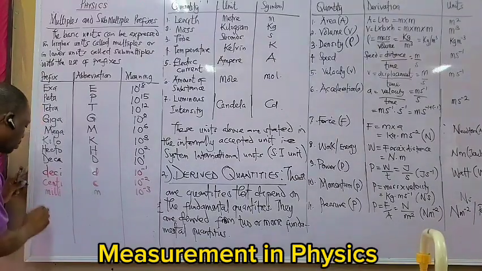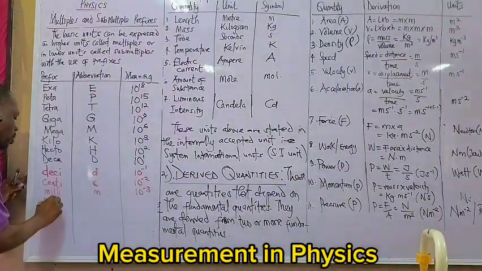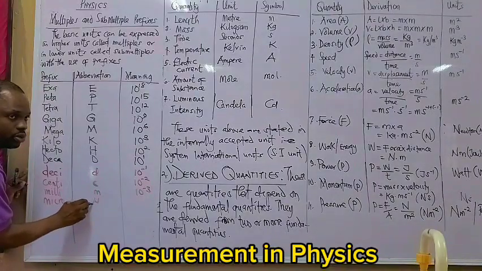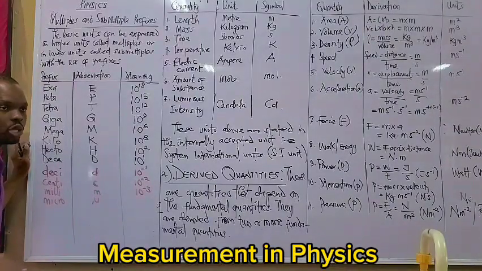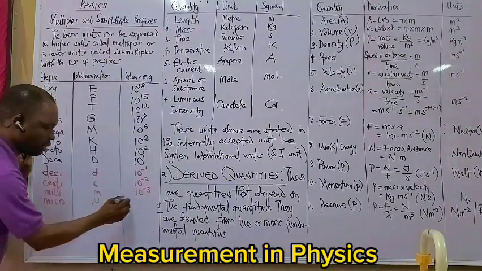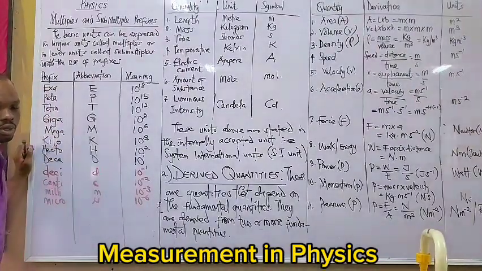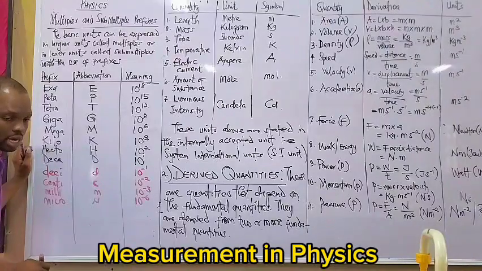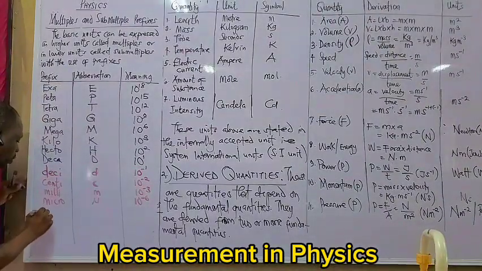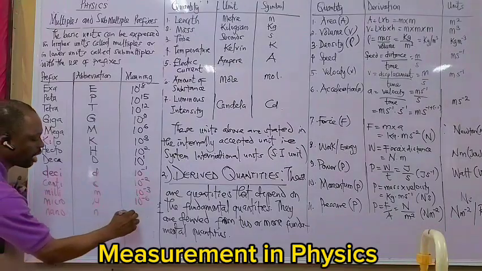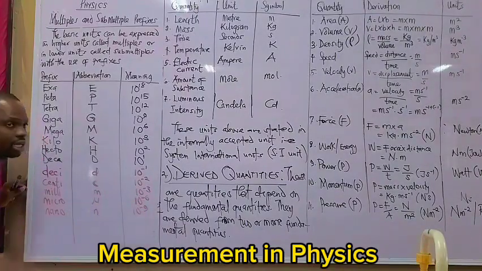The next one is micro. The symbol is the Greek letter mu, which stands for 10 raised to power minus 6. Are you following? The next one after micro is nano. Nano is small n, 10 raised to power minus 9.